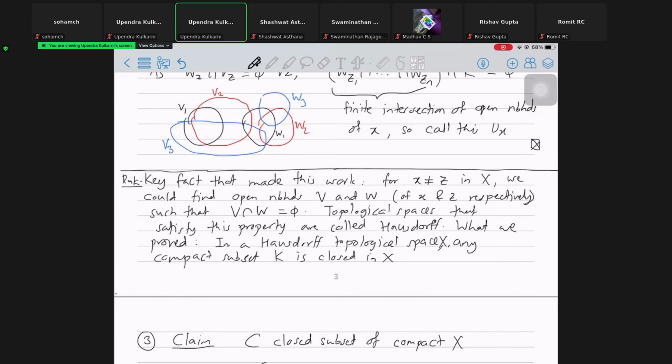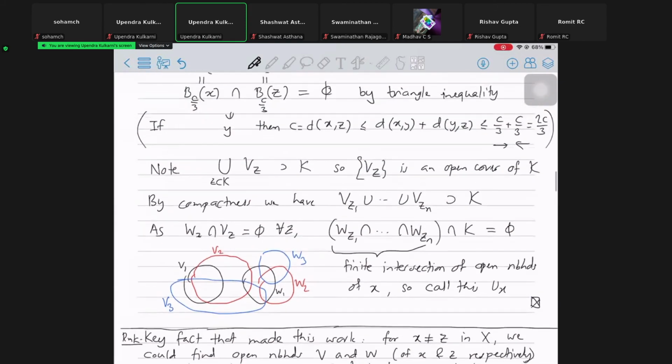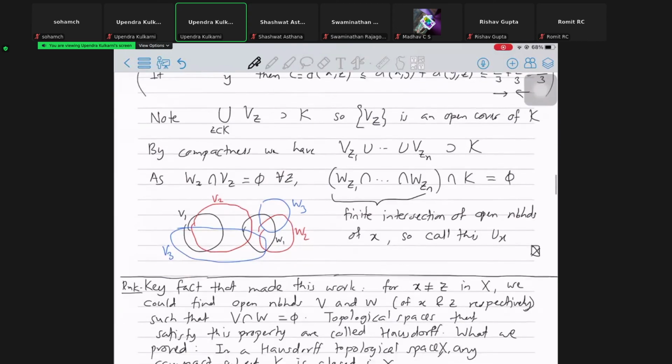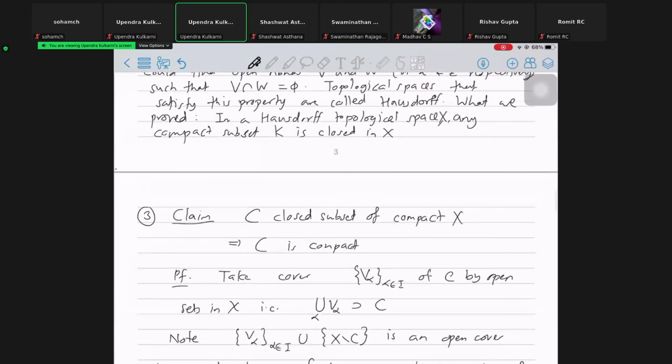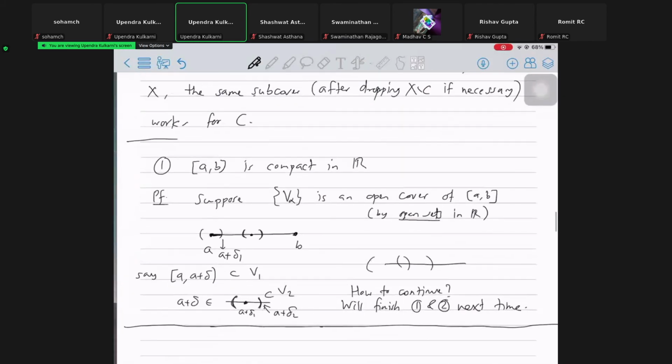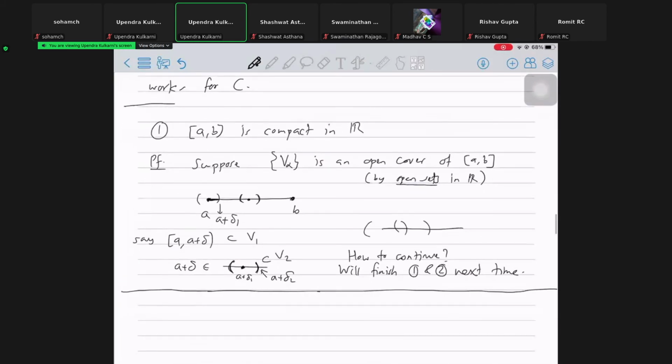What we said is that this type of reasoning, taking a finite open cover, some disjoint sets from that, and taking the intersection of those sets, can help you do the following optional exercise.